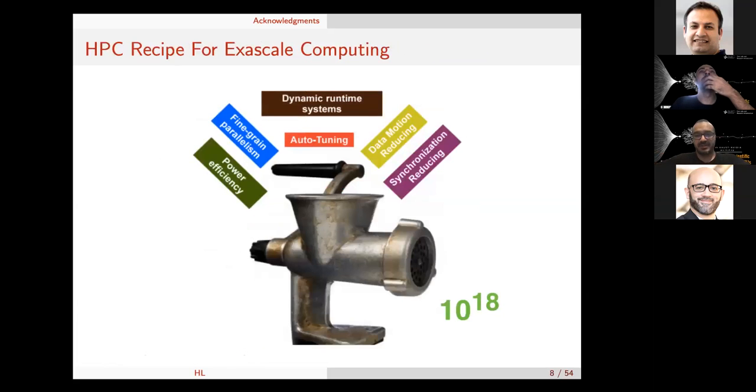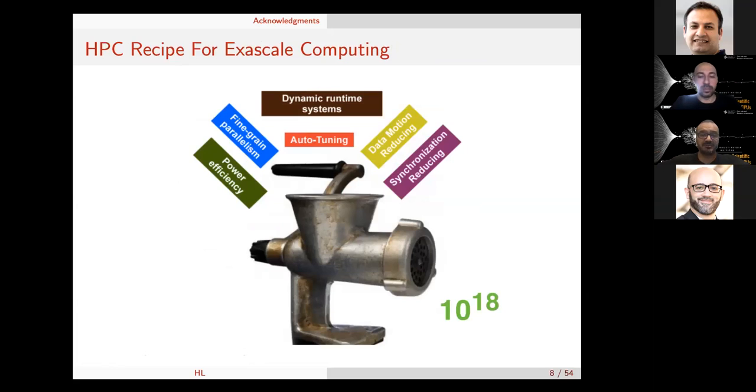This takes me to a cartoon showing some of the ingredients of the HPC recipe for exascale computing, some of which I have already mentioned: reducing data motion and removing synchronization points. You can't afford to have millions of threads synchronize at a rendezvous point to exchange data.